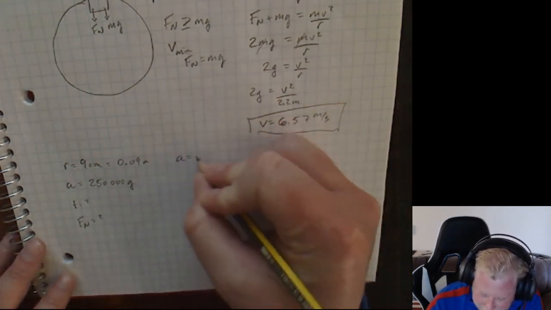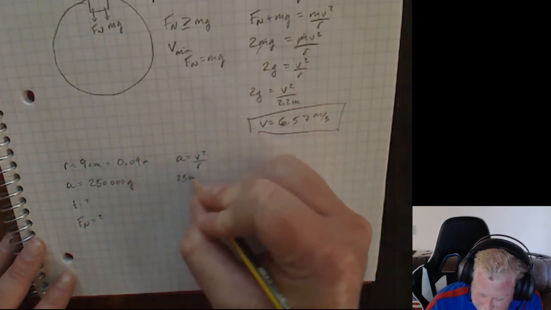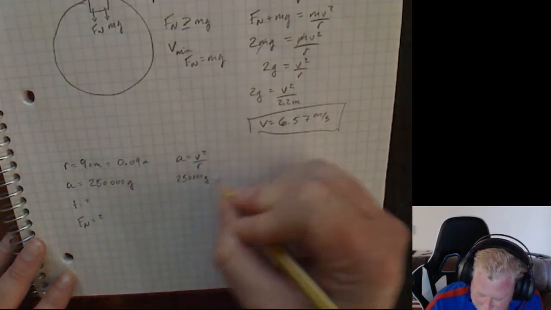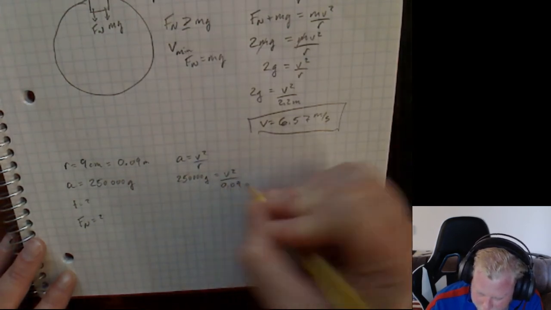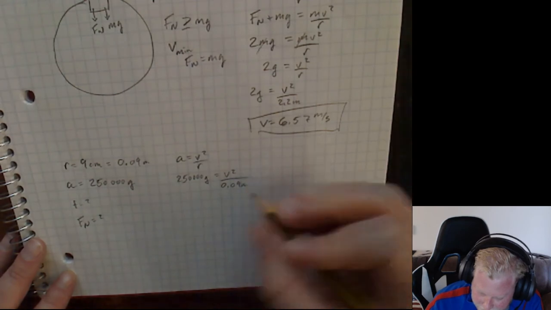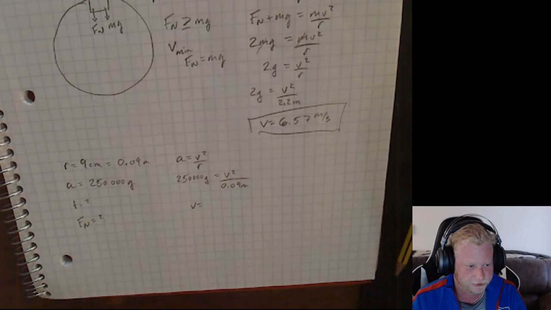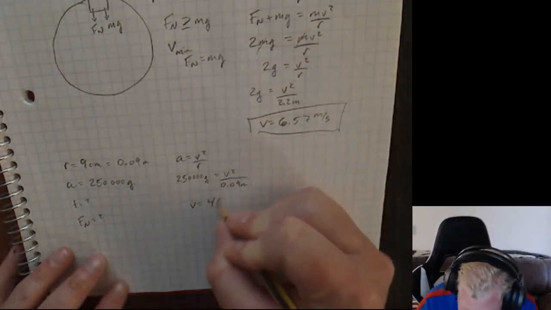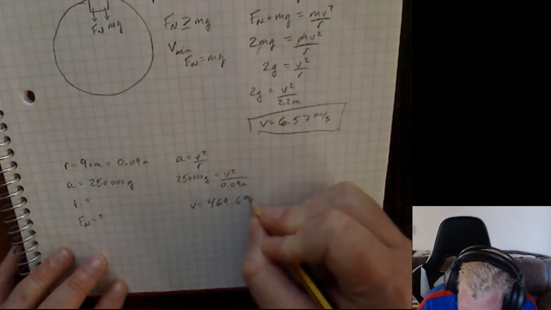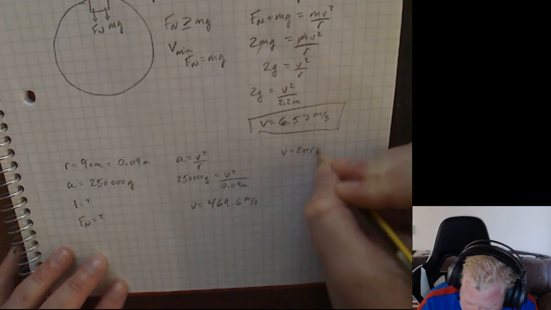Alright, so acceleration is v squared over r. So 250,000 times 9.8 is equal to v squared over 0.09 meters. So the speed comes out to 469.6 meters per second. Now again, speed is equal to 2 pi radius times frequency.